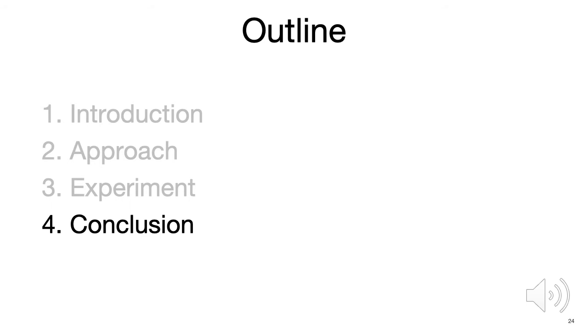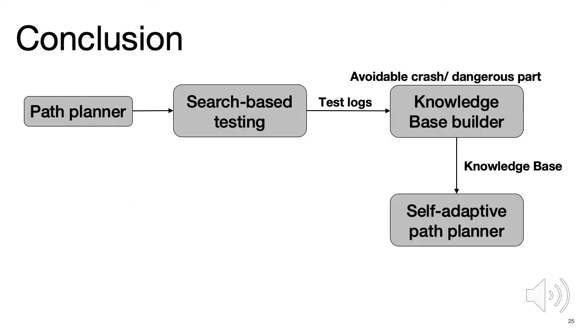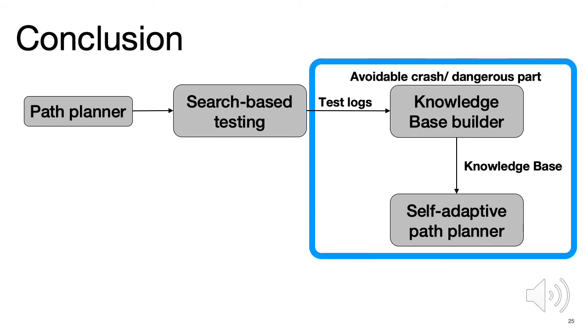And then finally, the conclusion. So we begin our work from the test logs, and the test logs are from the search-based testing for the path planner. So this block is our work. We use the test logs to build the knowledge base, and then use the knowledge base to build our self-adaptive path planner.